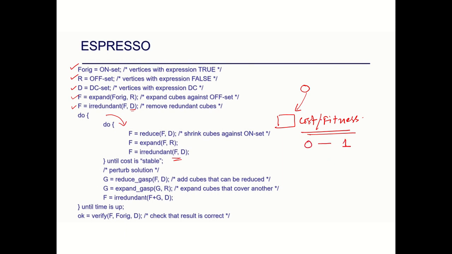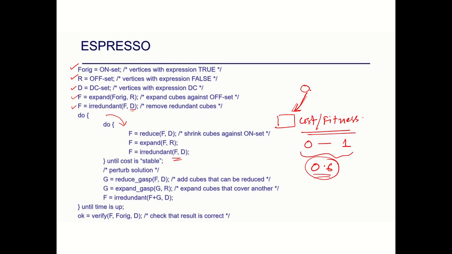If we go in this direction and our fitness value is 0.6, just consider 0.6, the smaller this value, the fitter our solution is. So at a particular instant, going in this direction, our fitness value is 0.6.